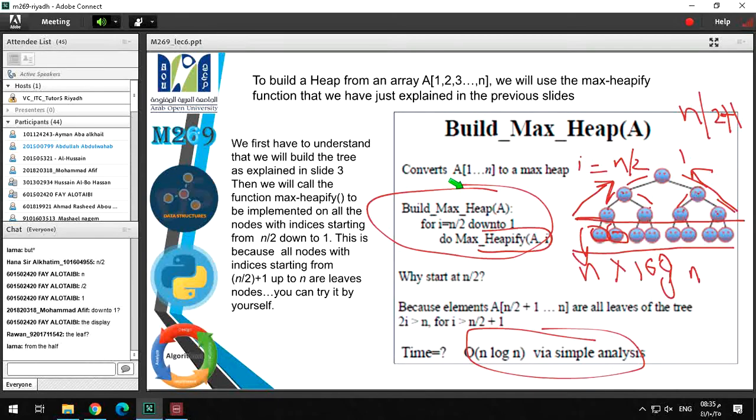We are building the max heap from n by 2, right?